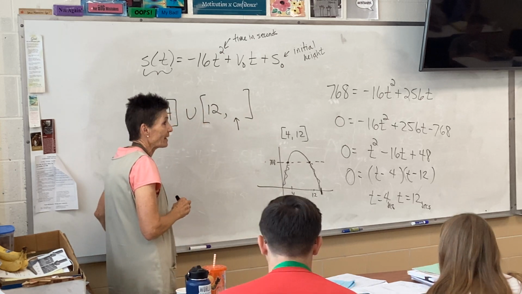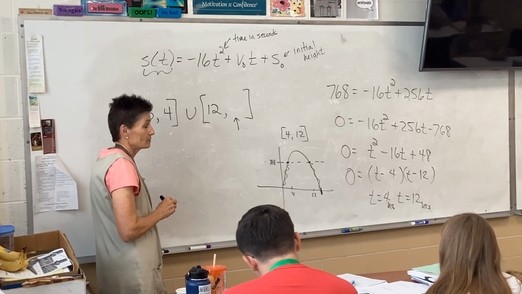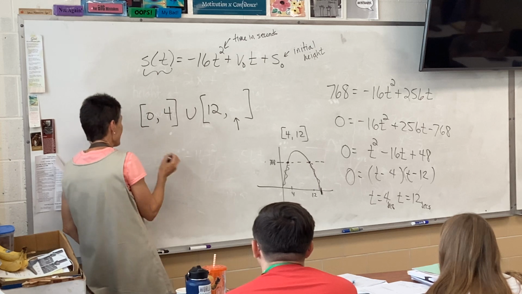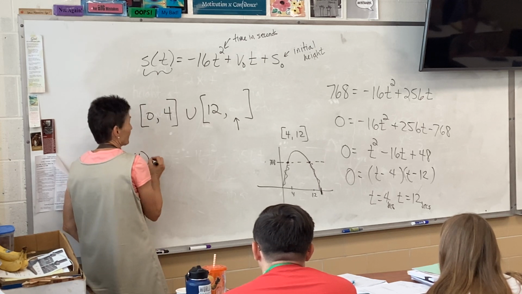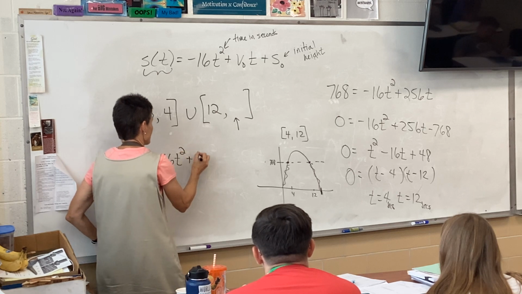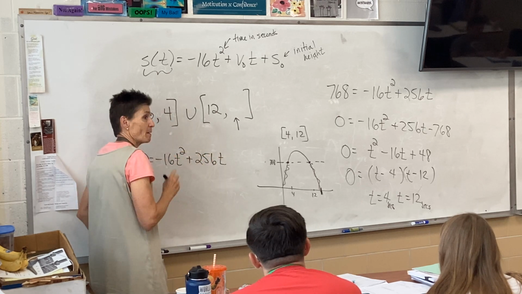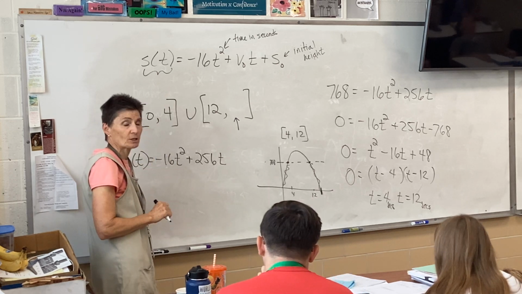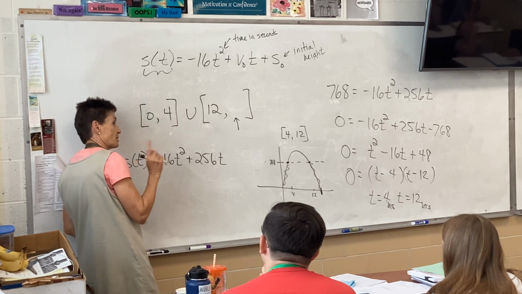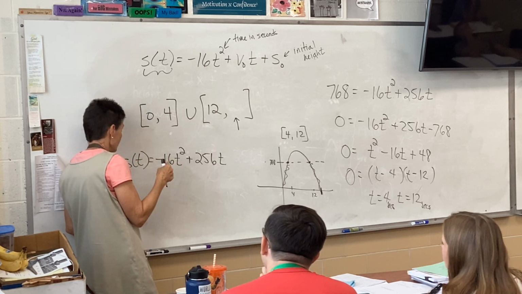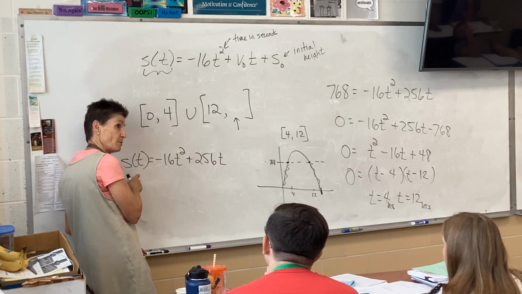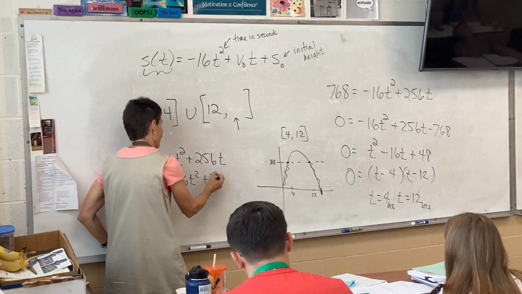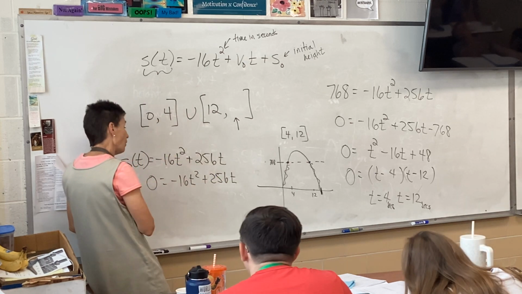Well, how am I going to figure that out? Well, I erased my equation. Wasn't my original equation a negative 16t squared plus 256t? That was my original. This equation describes the height of the object. If I want to know when that object's on the ground, aren't I going to make this 0? And I can solve that many ways.